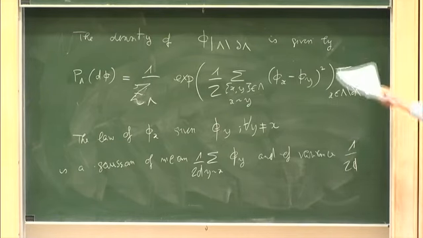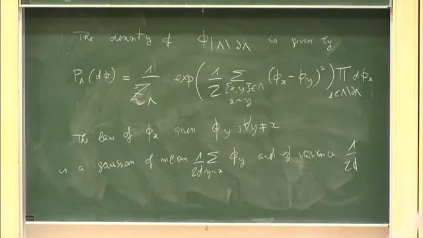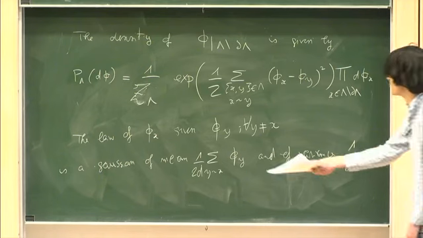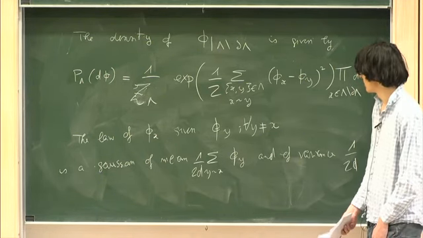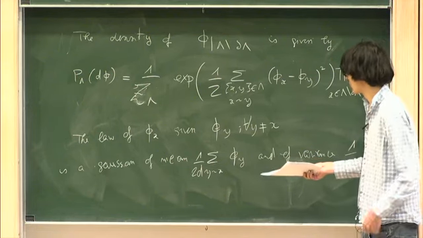So it's the simplest field, a basic Gaussian field, which is invariant by translation, which has 0 mean, and which satisfies the spatial Markov property, basically.